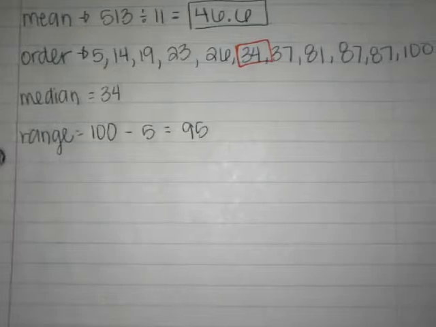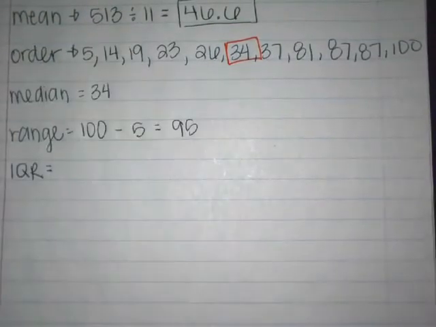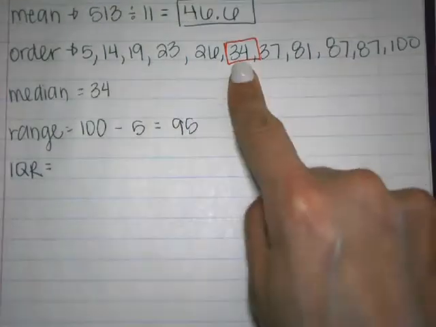Okay, so as I just said, I believe this is the hardest one, the interquartile range. So IQR. That means we have to find the first quartile and the third quartile. The first quartile is the median of the lower set of data, and the third quartile is the median of the upper set of data. So you guys know how you found the median already?